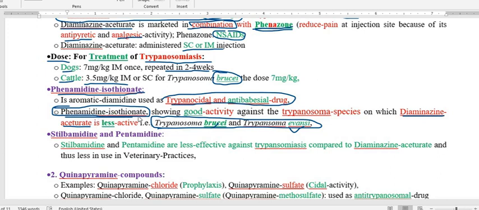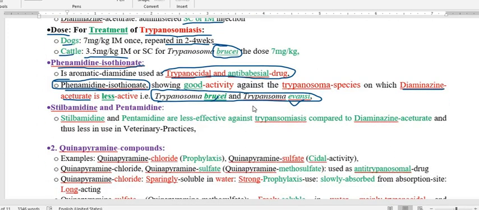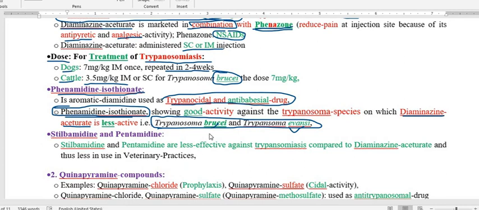So therefore we could use a combination of diaminogen aceturate and phenamidine isethionate, making a good combination to act against Trypanosoma brucei and evensi, or it is better to use phenamidine isethionate singly, because both drugs belong to the same group, so it is better to use it alone.